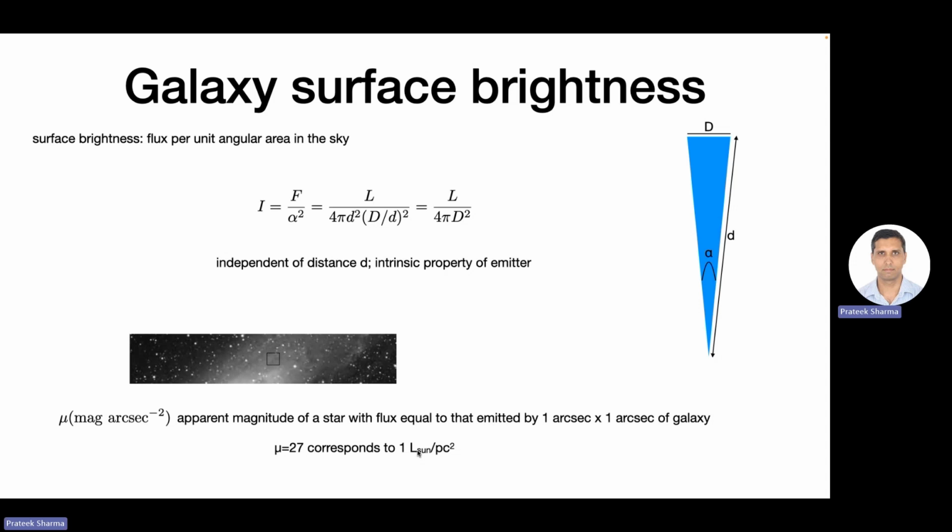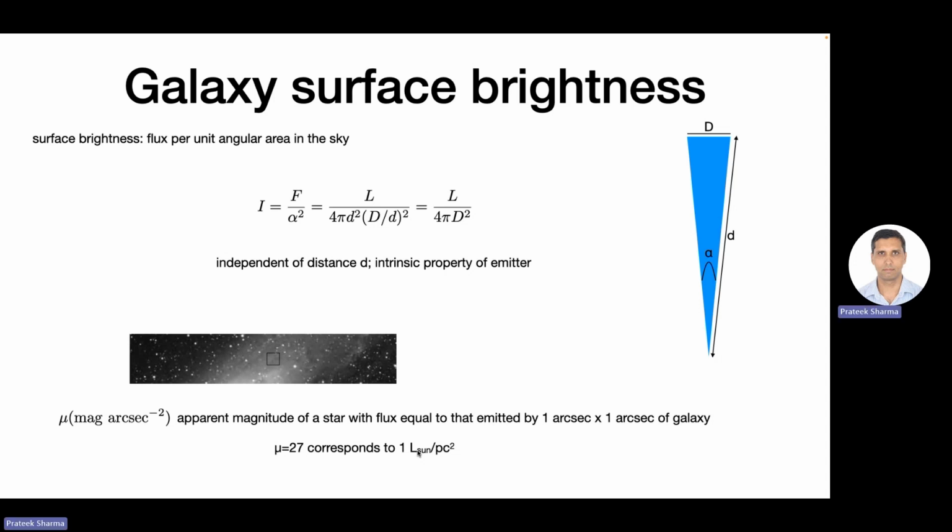So what would be the surface brightness at the location of the sun? Let's see if we can estimate it. Let's say all stars are like the sun. We just talked that the distance between the stars is about a parsec, so the volume luminosity density is L sun per parsec cube.